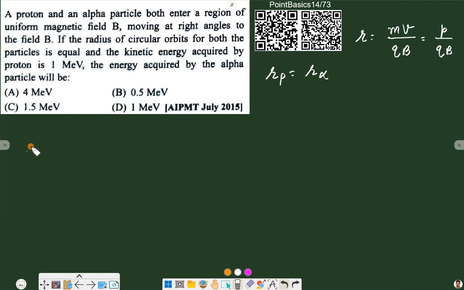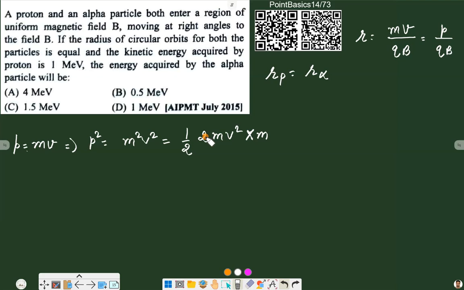We can say p square is equal to m square v square. We can make it work like this: we multiply by 2 and divide by 2, into mv square into m, that is m square v square.